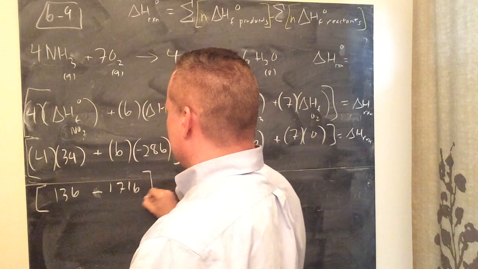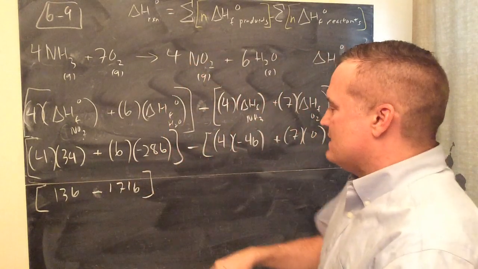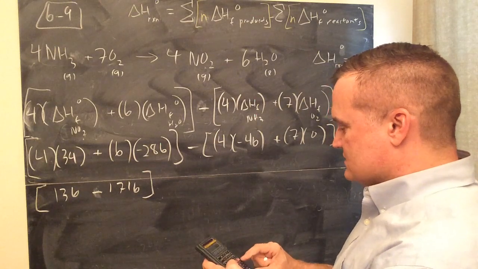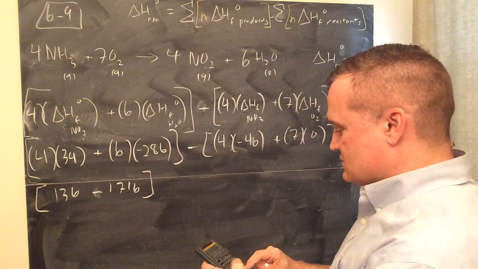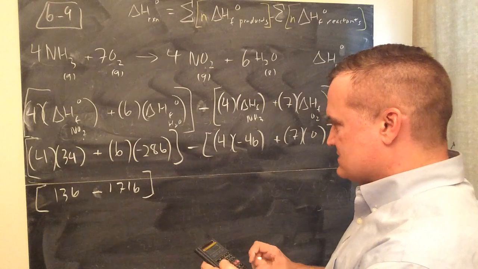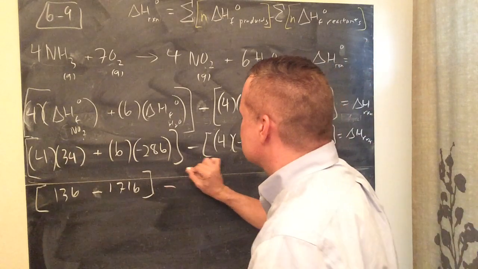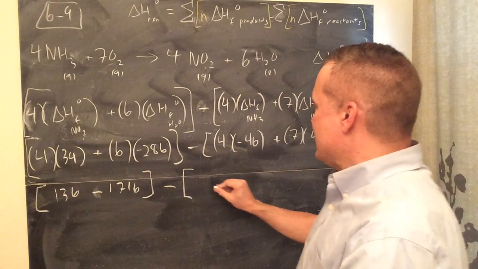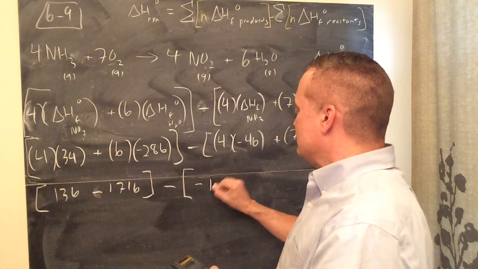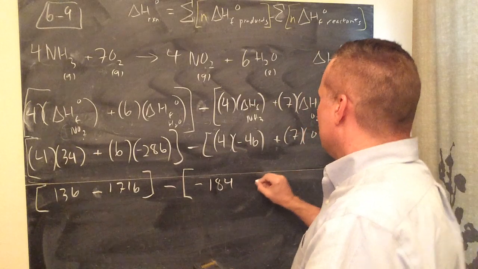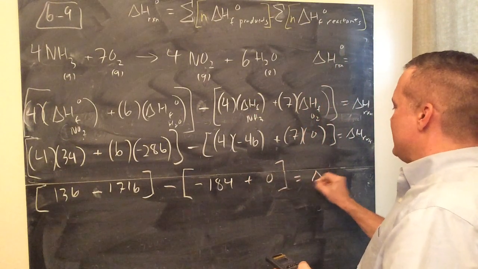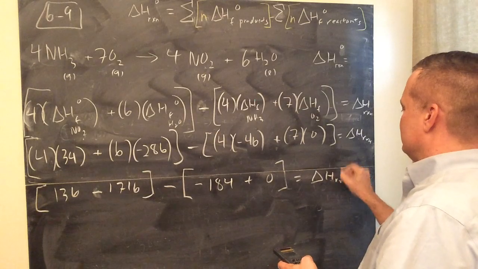I'll make it negative. 4 times 34, 136. 6 times 286, negative 1716. Minus 4 times negative 46 is negative 184. Plus 0 equals my delta H of reaction, standard.